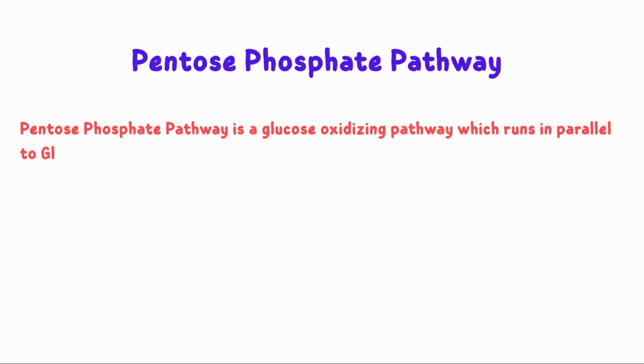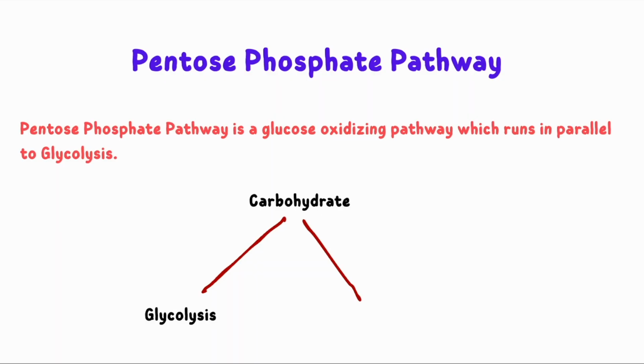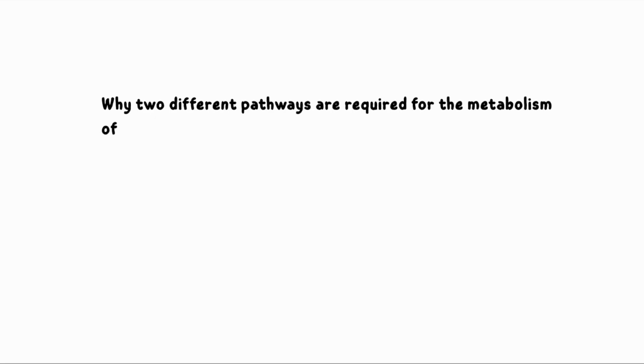In our body, the carbohydrate is metabolized by these two different pathways, glycolysis and pentose phosphate pathway. Next question is that why we need two different pathways for the metabolism of carbohydrate?